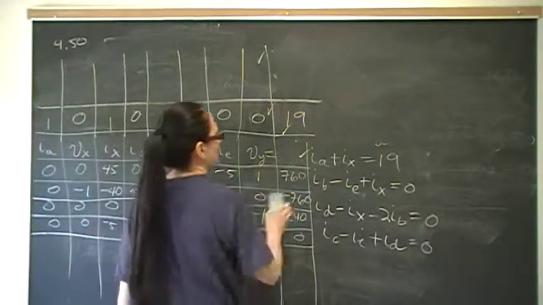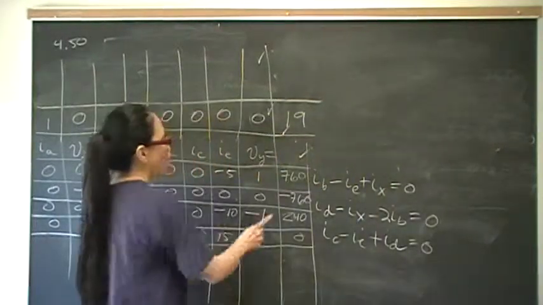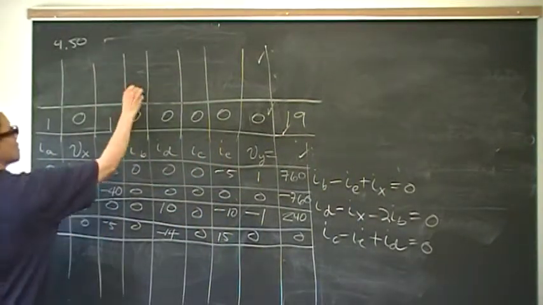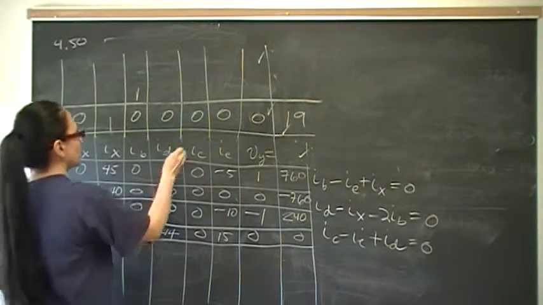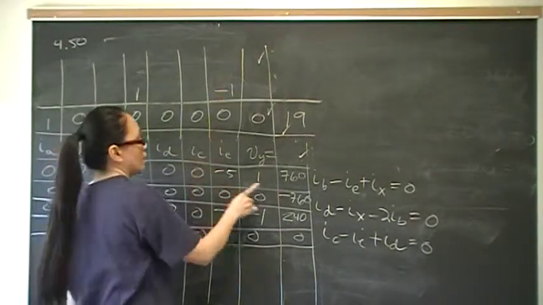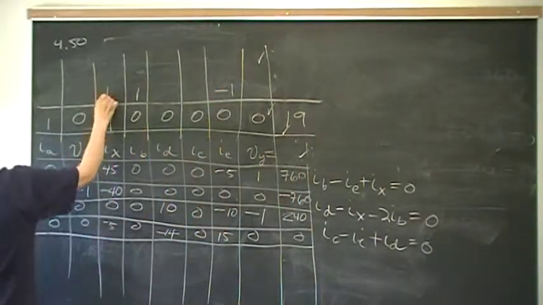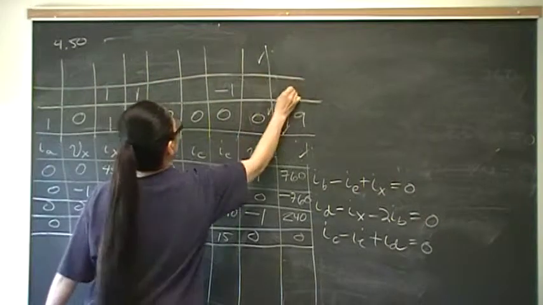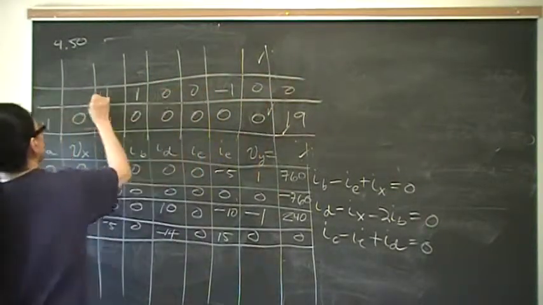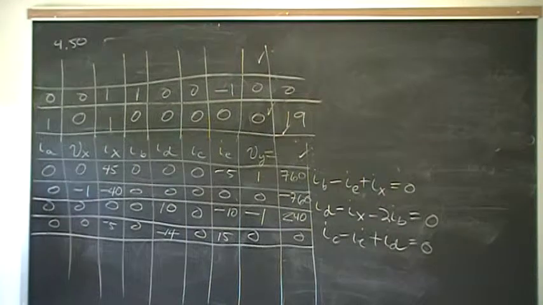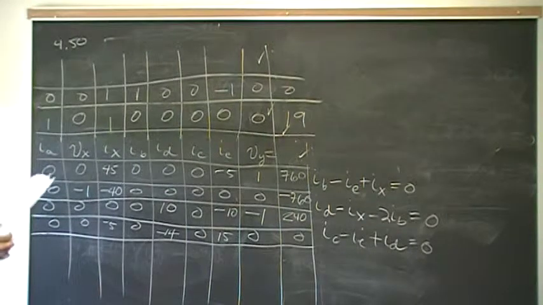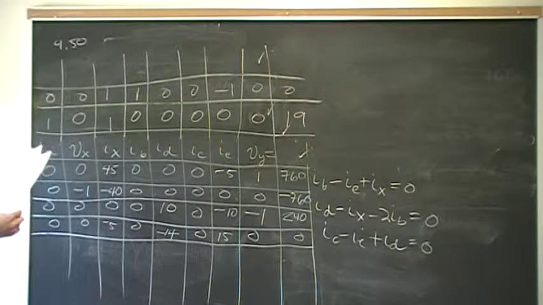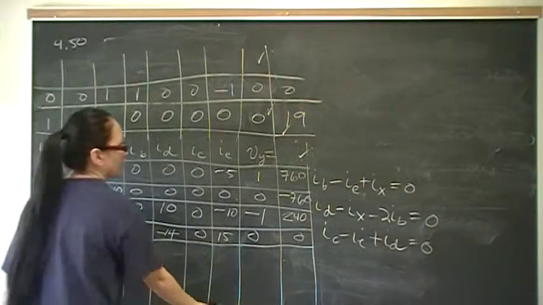So now, the next one is, we got 1 IB, negative 1 for IE, and 1 for IX. Zeros everywhere else. So 0, 0, 1, 1, 0, 0, negative 1, 0, 0. So that's that one.